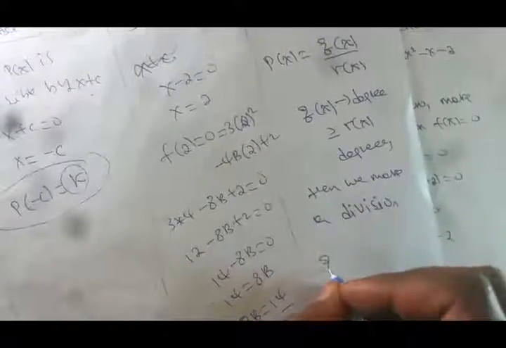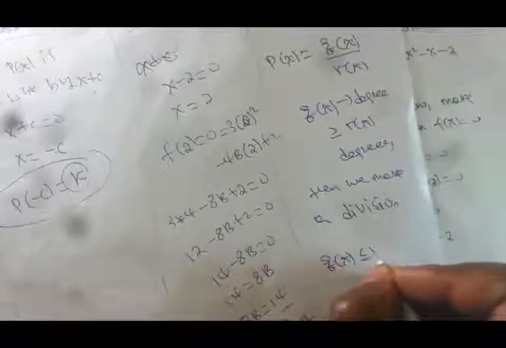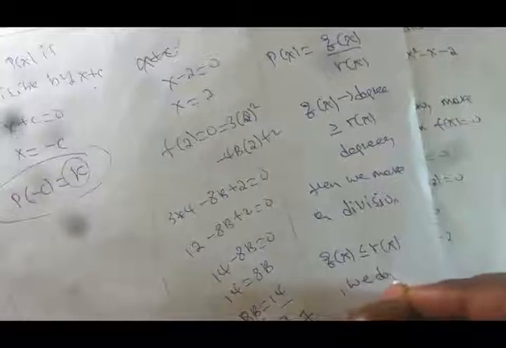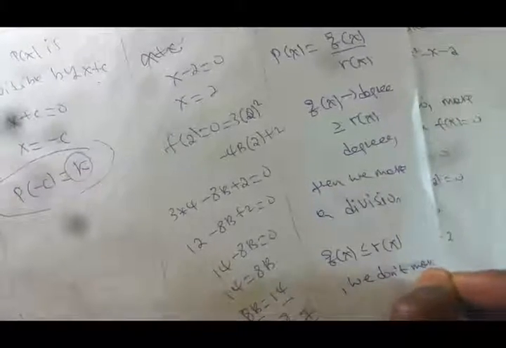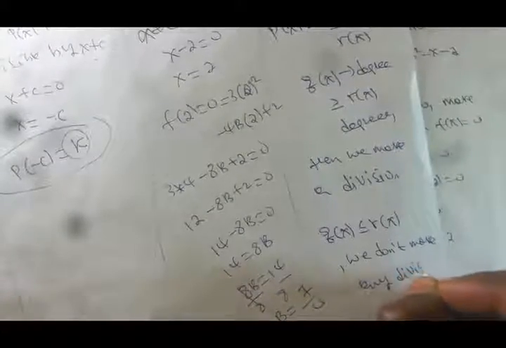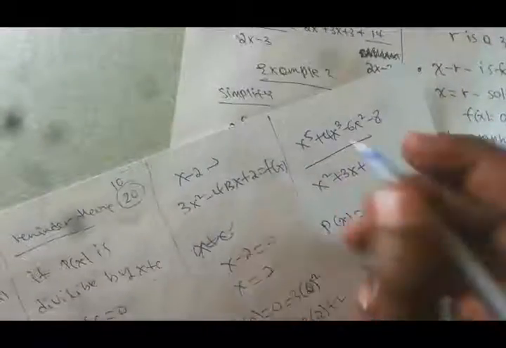But if the degree of q of x is less than that of r of x, we don't make any division.